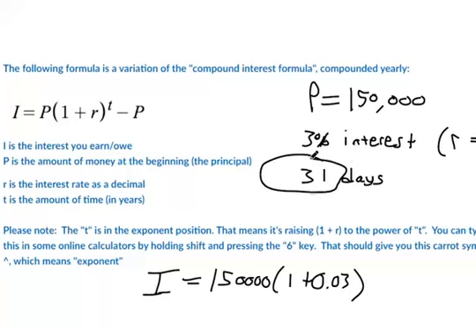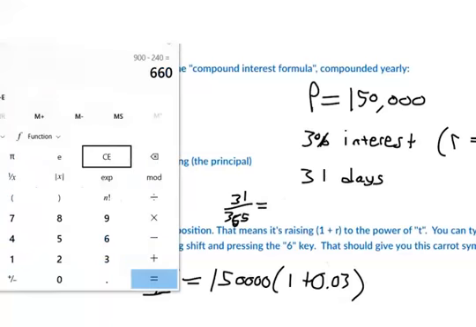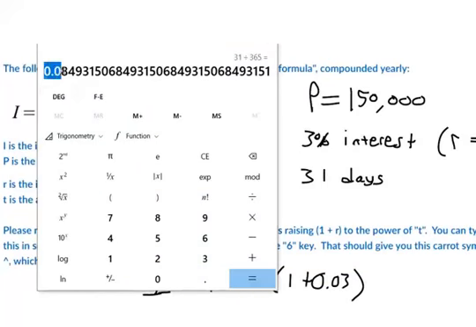But do not plug in 30 days or 31 days for time, because with this formula, time has to be in terms of years. So to find the equivalent in years of 31 days, let's divide it by the number of days in a year. And that will tell us the fraction of the year we're working with. So if we do that, that's 0.084.